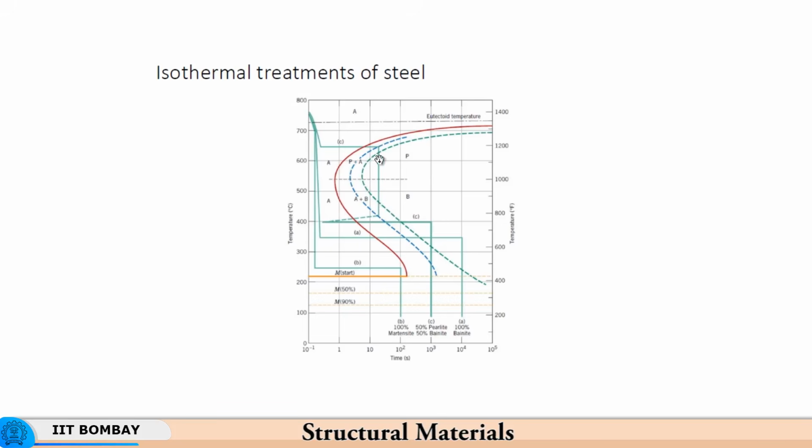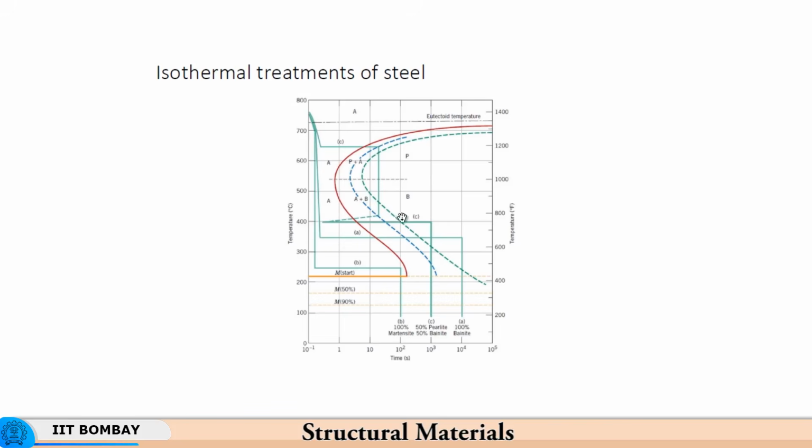Had it happened at the top over here itself, the transformation would have got completed to perlite. But since you have quenched it, allowing no diffusion to take place, no transformation to perlite beyond 50% of perlite, you have 50% of perlite intact, but then the austenite got transformed to bainite, and at the end of the day therefore you have 50% perlite and 50% bainite. So, the bainite is the transformed outcome of the austenite that was present alongside with perlite.